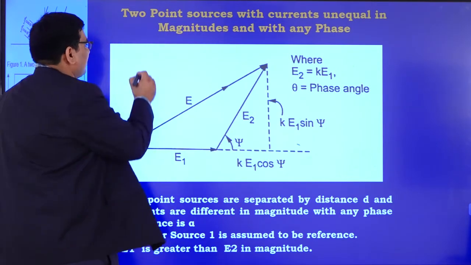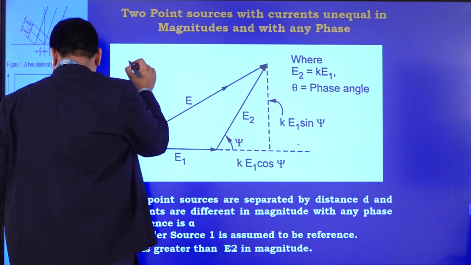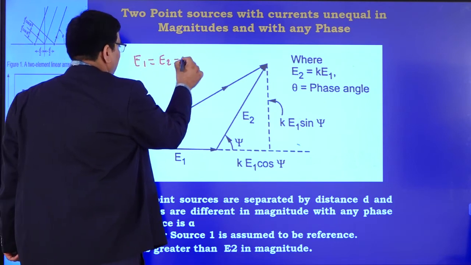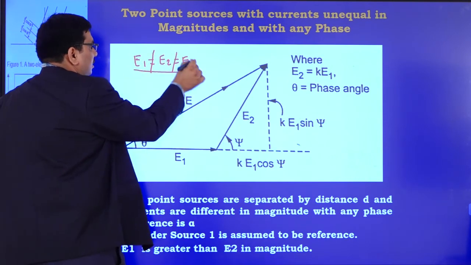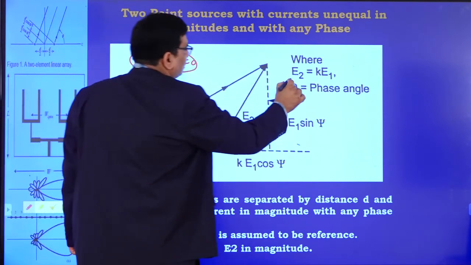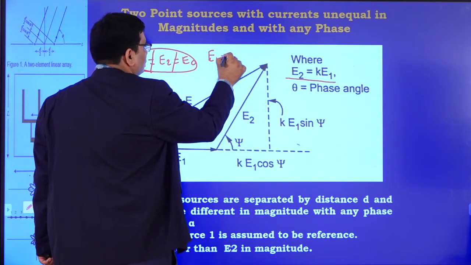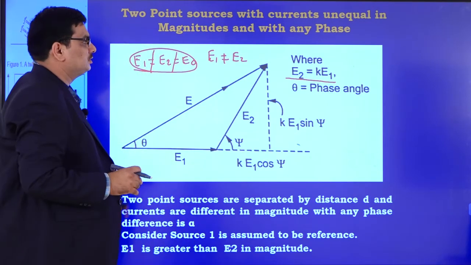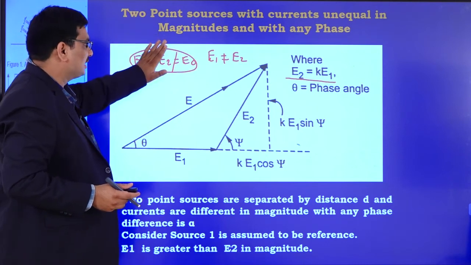In the previous case we took E1 equals E2 equals E naught, but that cannot happen in this condition because the magnitudes are different. So E1 is not equal to E2 and the phase is also not equal, because different phases and different amplitudes are there.